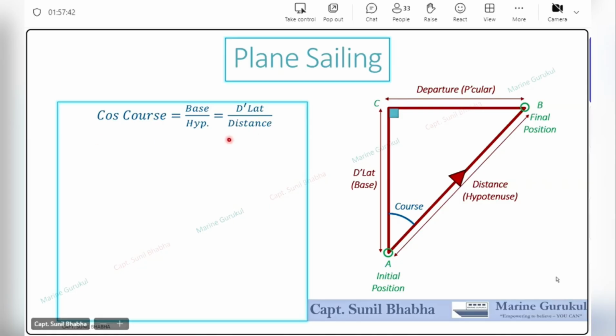So from this trigonometric ratio, we get our first formula: the distance from the denominator is taken to the other side and the relationship converts to D-lat is equal to distance cos course. This is our first formula in plane sailing.